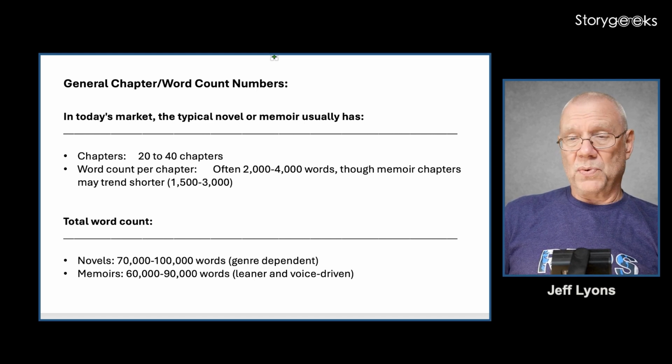As I've said elsewhere, I think in this class, listening to a lot of agents talking about this, they're really clear that there's a sweet spot for them, for first-time novelists especially, between 85 and 95,000 words.